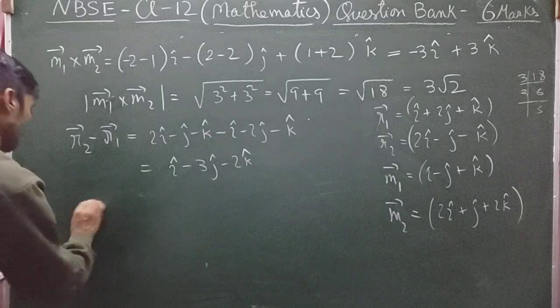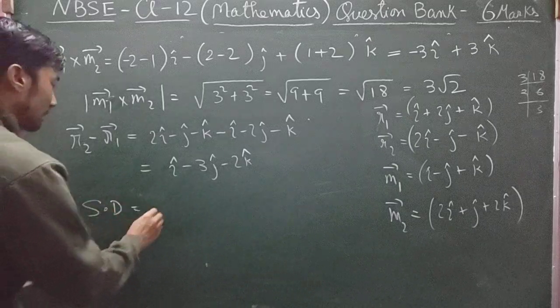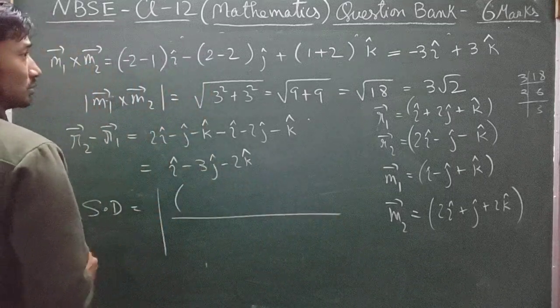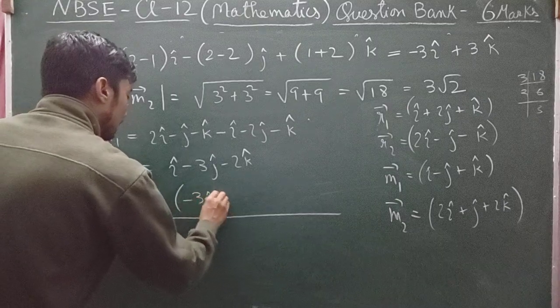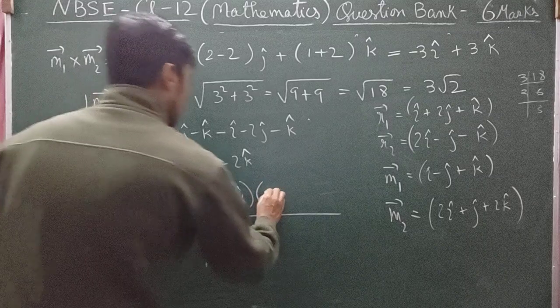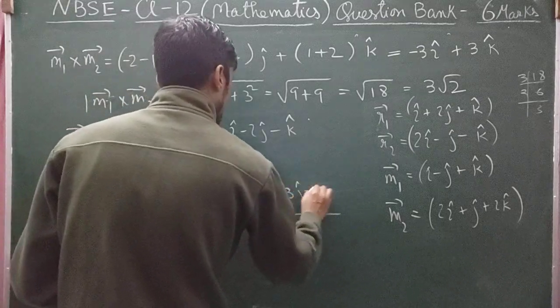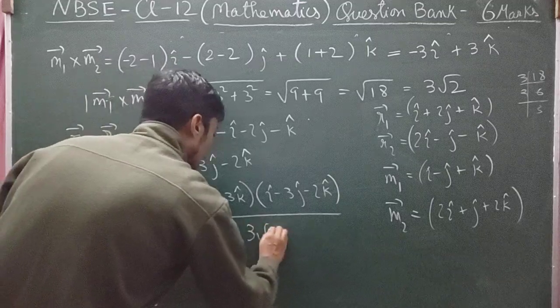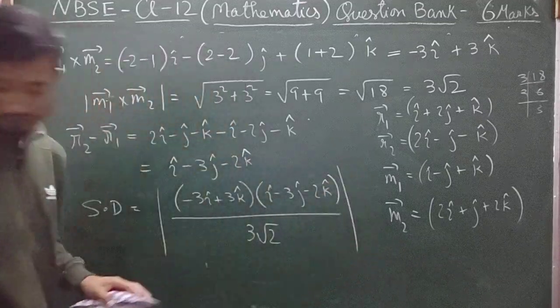Alright, so therefore the shortest distance, I'm not writing down the formula again. m1 cross m2 was minus 3i plus 3k, dot product with (i minus 3j minus 2k), into its magnitude, which was 3 root of 2.